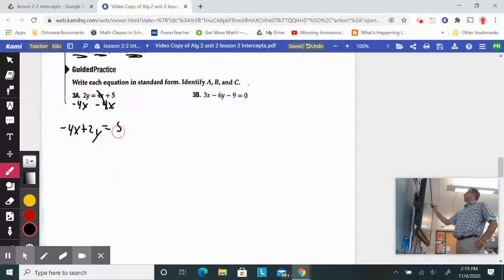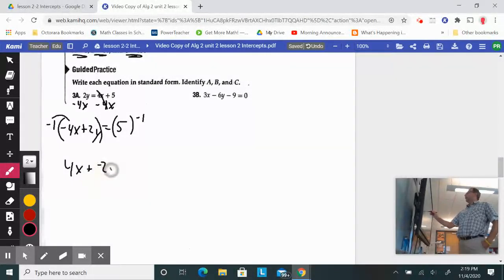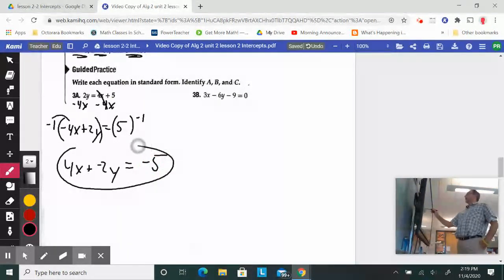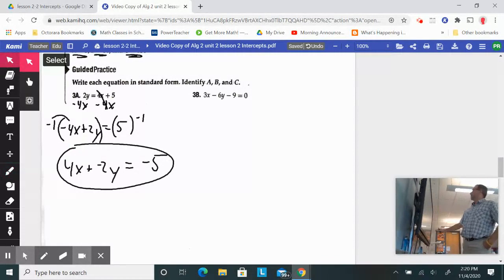These cancel out, I get 5. Does that look like standard form? Ax plus by equals c. It looks close. I can't have a negative at the front for the a, so I'm going to multiply both sides by negative 1. And when you distribute, I get 4x, then I get negative 2y, and on the other side I get negative 5.